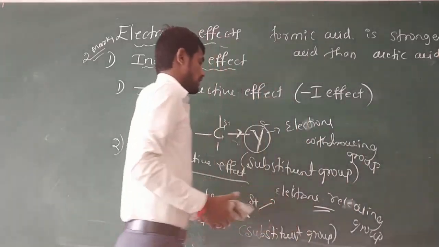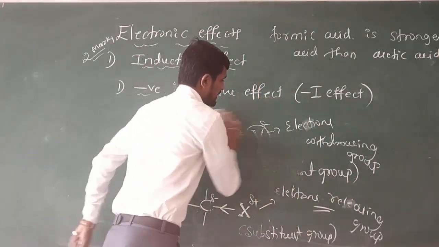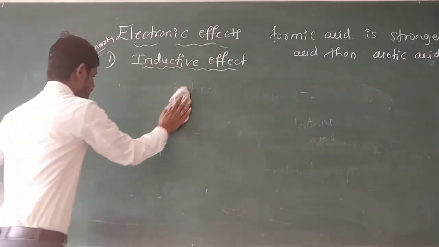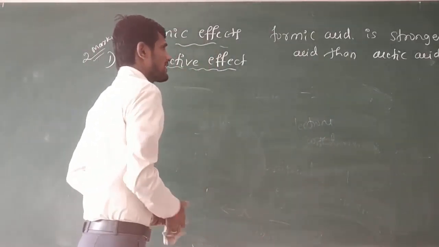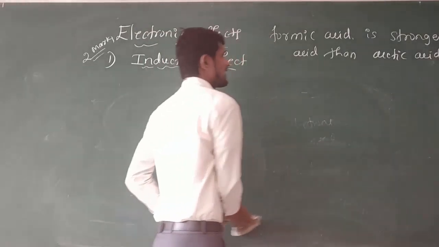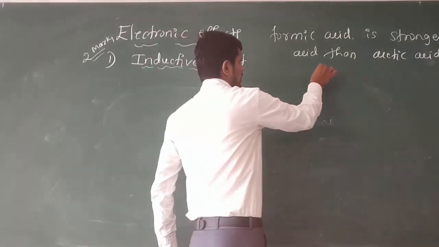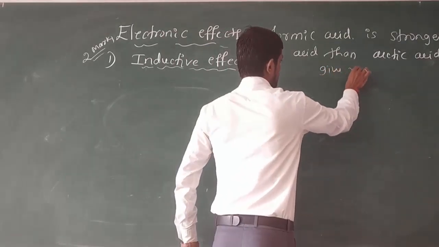Yes. If you remember this concept, then it is very easy to answer the question. What is the question? See once again. Formic acid is a stronger acid than acetic acid. Explain or give a reason.